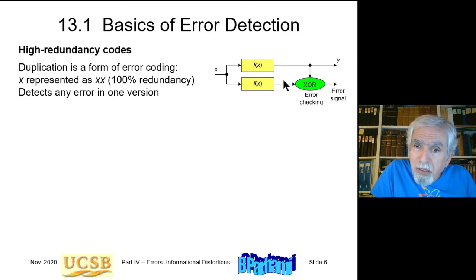If they're identical, then this XOR output will be 0, and we can use the output from the top copy.